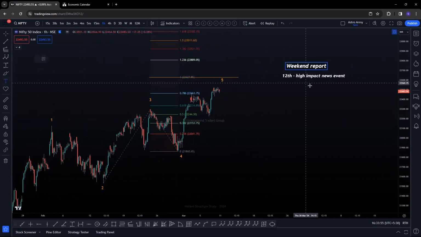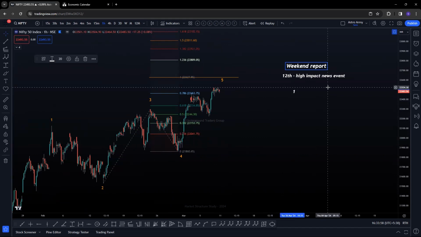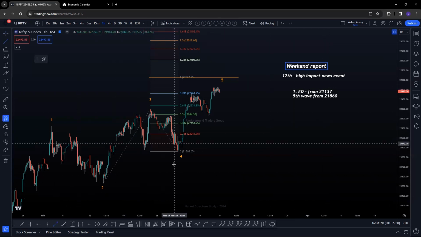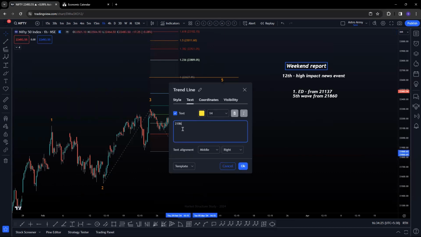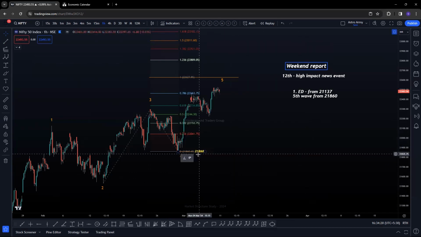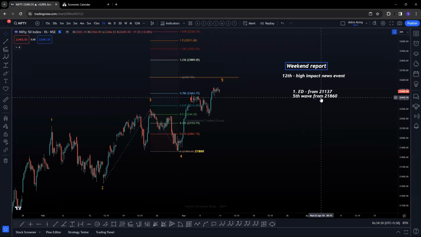So your first structure is an ending diagonal from the 21,137 level. In this, you have the fifth wave going on, the fifth wave from the 21,860 level. That's all, I'm just making a small note for myself. So from 21,860, this is the fifth wave possibility.